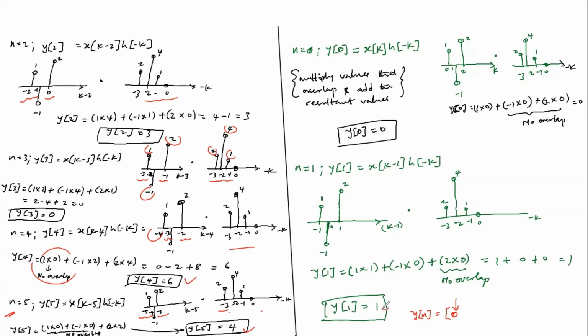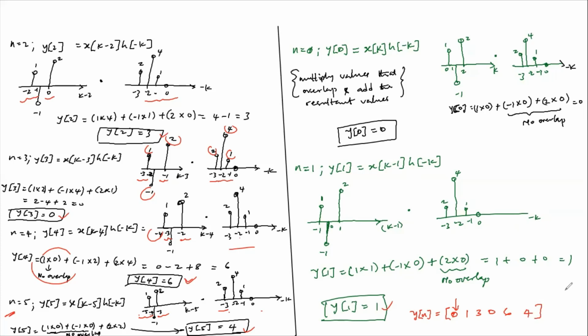Then we have 1, then we have 2, it's 3, 3, 0, 0.4 is 6, and 0.5 is 4. So this gives us a discrete time sum or convolution.